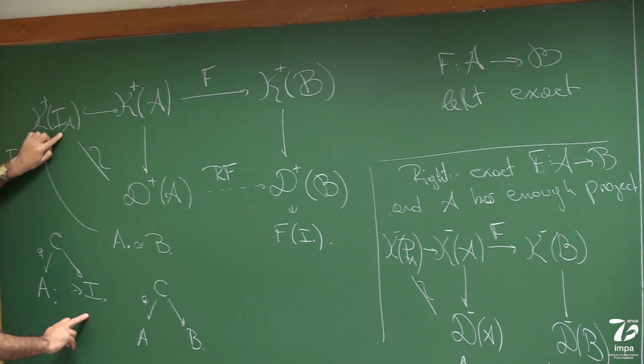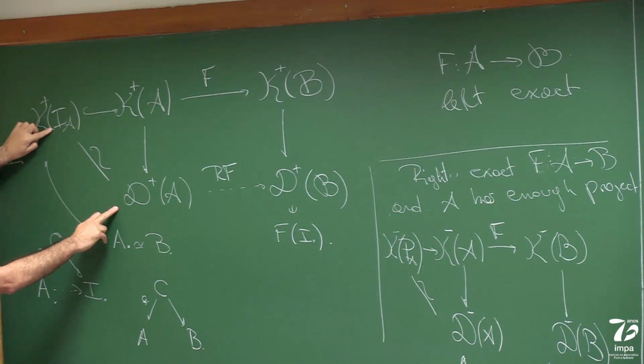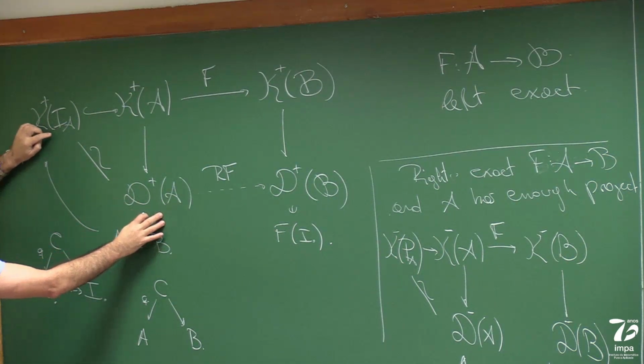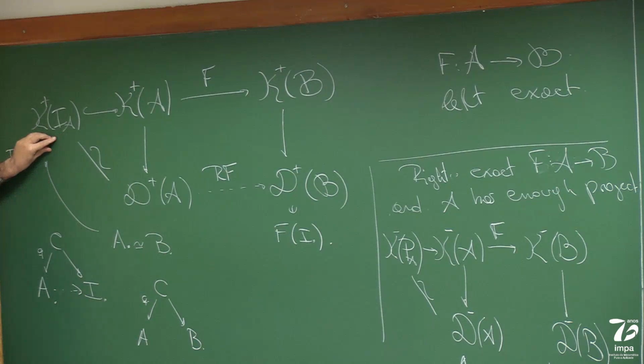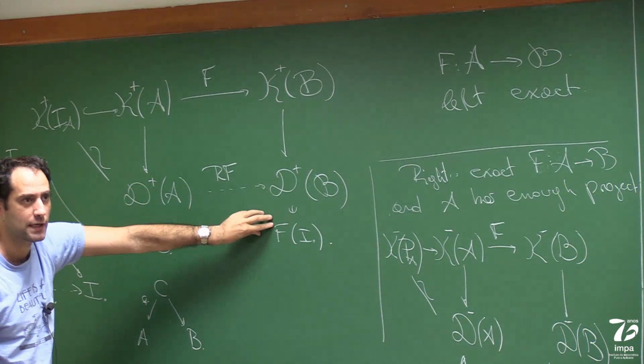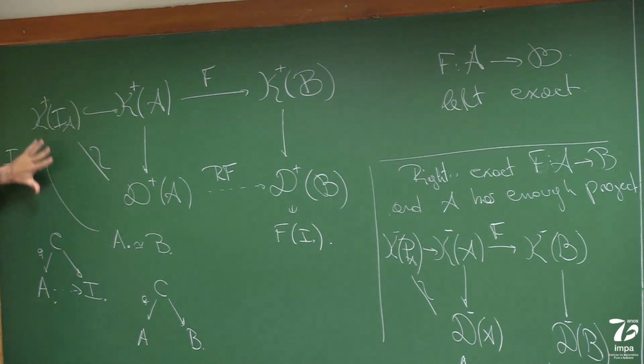That was the key part that gave us this equivalence of categories. Once I have this, grab any object, pick the corresponding object here, realizing it, and apply your functor, and that's it. Everything was trivial after you give me this equivalence of categories.